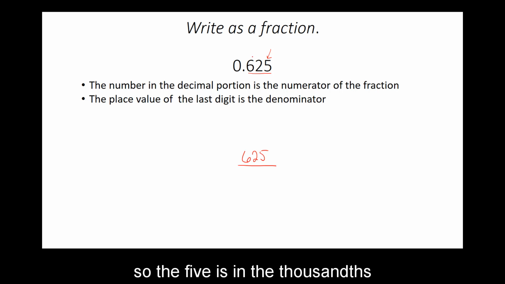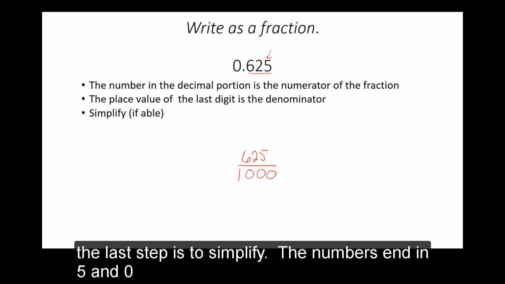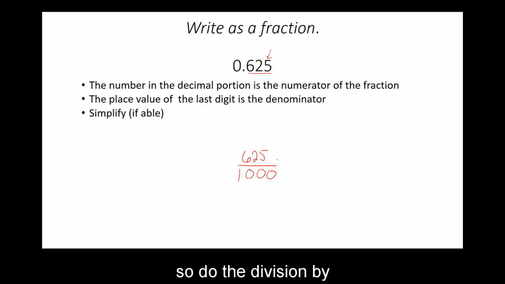Well, it's tenths, hundredths, thousandths. So our denominator will be 1,000. And the last step is go ahead and simplify it. Well, a couple of ways to simplify it, but most obvious should be that these numbers end in 5 and a 0. So we'll just go ahead and do the division by 5.